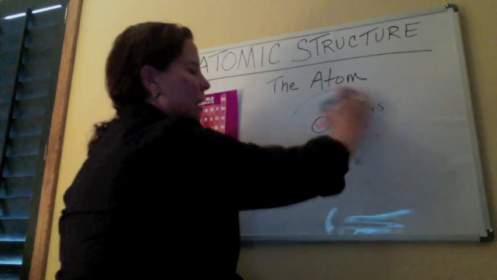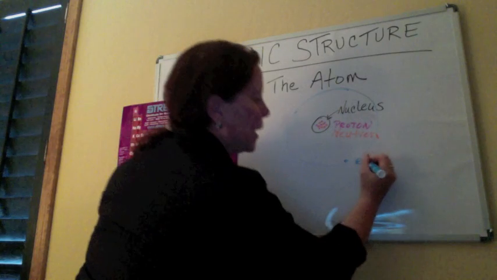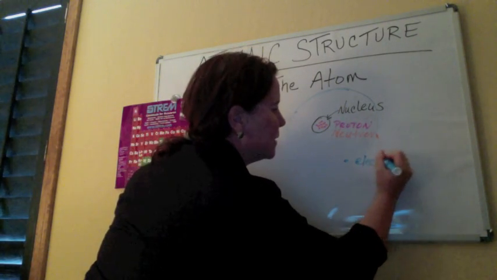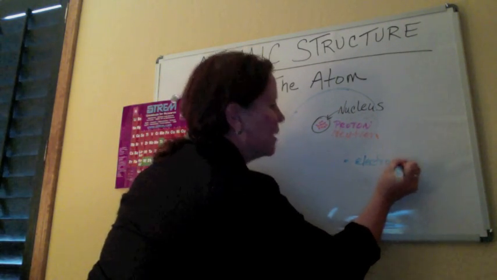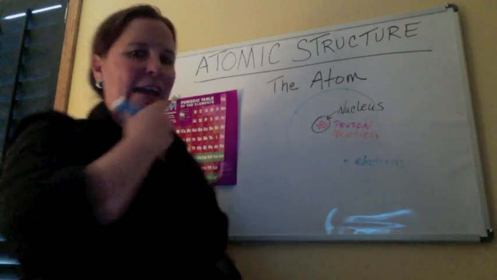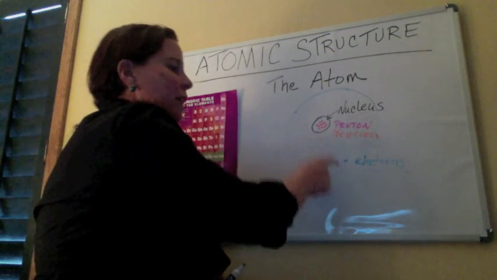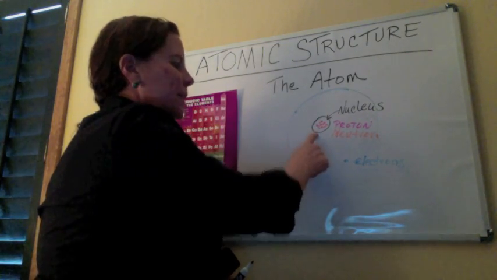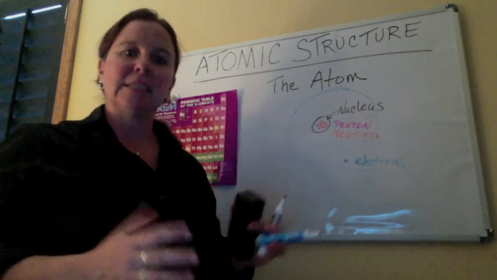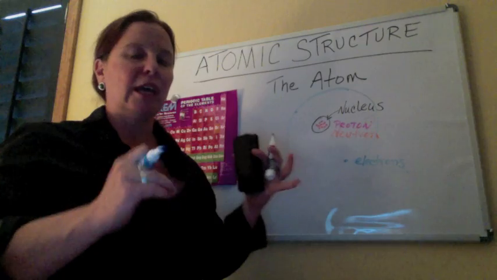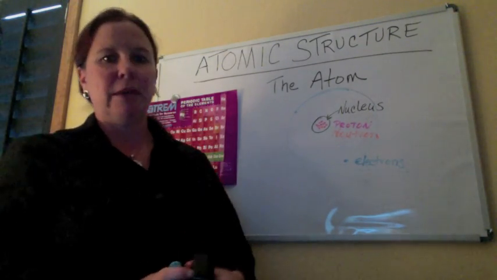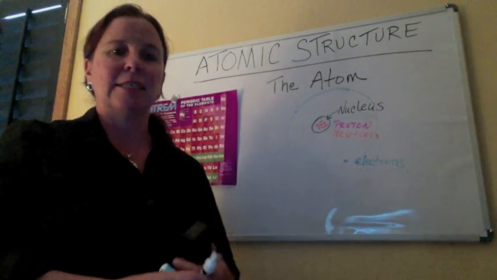So you're going to draw a cloud, a circle around that, and these are E-L-E-C-T-R-O-N-S, electrons. Okay, like I said, they're moving really fast, and they're pretty far away from that nucleus, actually, when you look at the distances of these tiny, I mean, we're looking at microscopic, nanoscopic sizes.